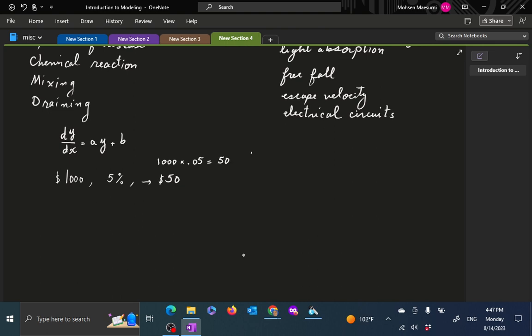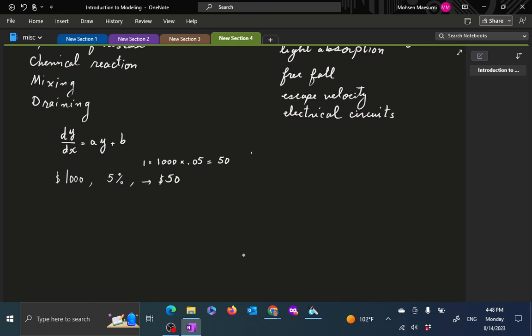This is called simple interest. Simple interest: you take your money, multiply by the interest rate, and multiply by the length of time. So here I kept the money in the account for 1 year, and I got $50. If I keep it for 2 years, then I'm going to get $100 and so on.